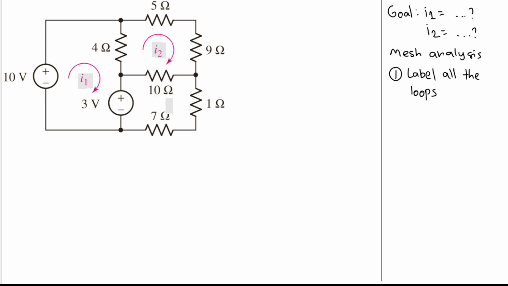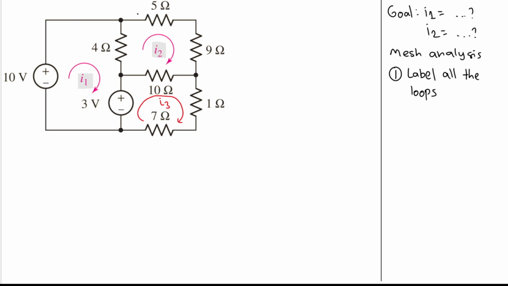But we need to define one more loop in this space here. So I think I will define this as loop I3. That is the natural way, right? Because this is I1 and then this is I2. So I will have I3 here. And I think that's all for labeling all the loops.